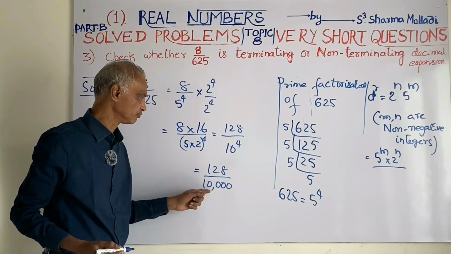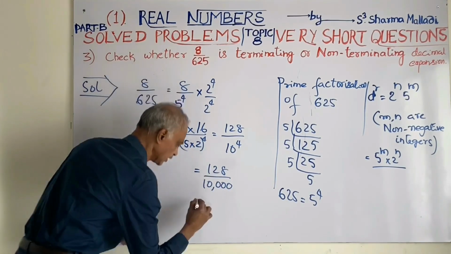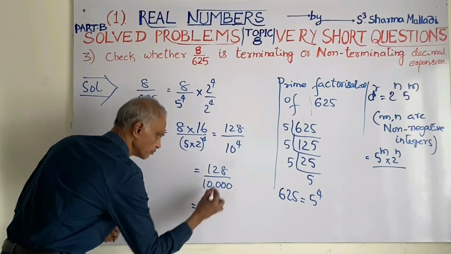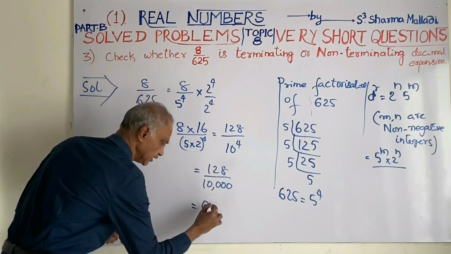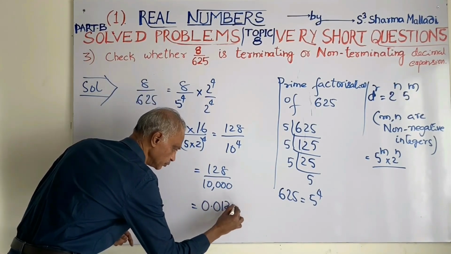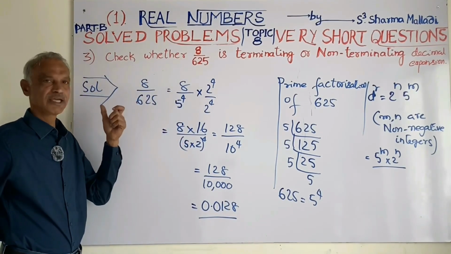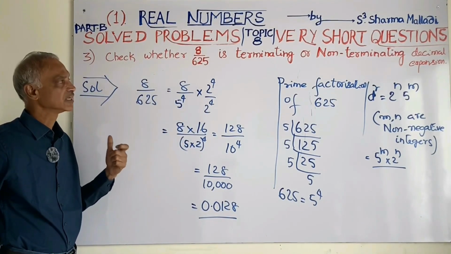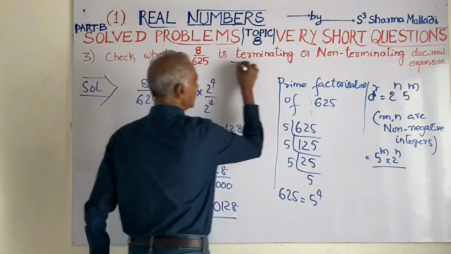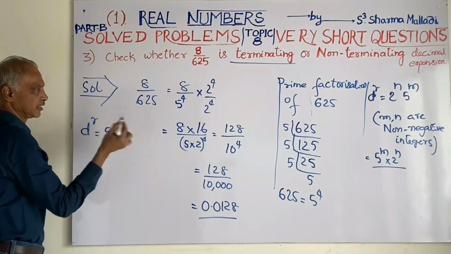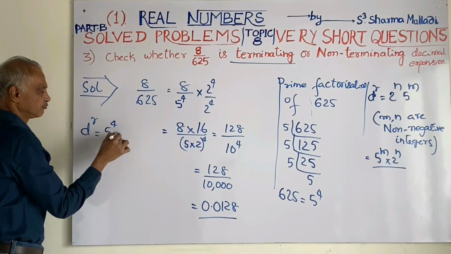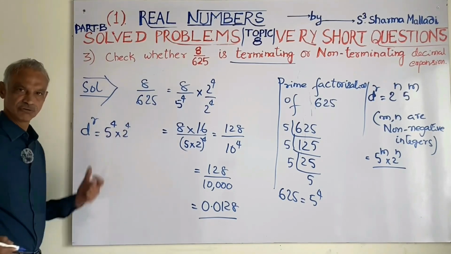1 2 3 4, 4 decimal places. It can be written as 0.0128. As 8 by 625 is terminating decimal expansion. Denominator is 5 to the power of 4 into 2 to the power of 4.